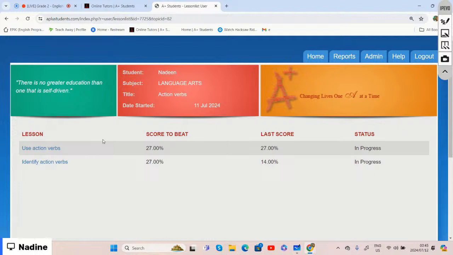We made examples like jump, run, skate, laugh, sing, dance. Those are all action verbs that tell us what the noun is doing. All right, so this is now the end of our lesson.